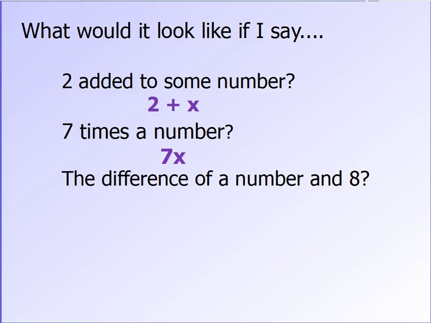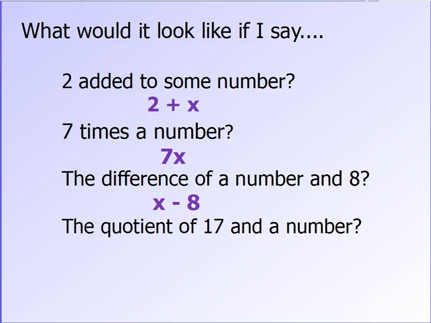What about the difference of a number and 8? Difference means subtraction, and we're taking a variable and subtracting 8. We'll come back to this phrase in just a minute. What about the quotient of 17 and a number?